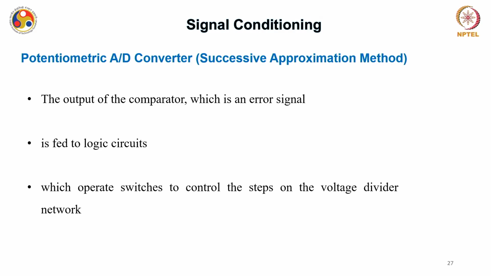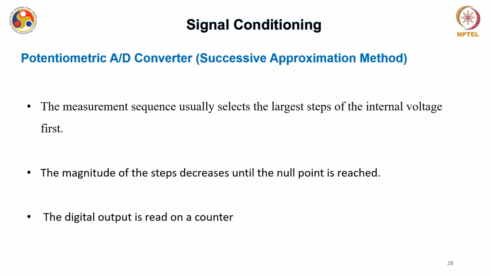Now the output of the comparator, which is of course an error signal, is fed into the logic circuit. This logic circuit operates switches to control the steps of the voltage divider network, so it is a kind of feedback network. The measurement sequence usually selects the largest step of the internal voltage first, and the magnitude of the steps decreases until the null point is achieved.